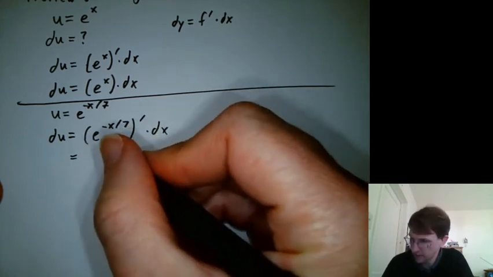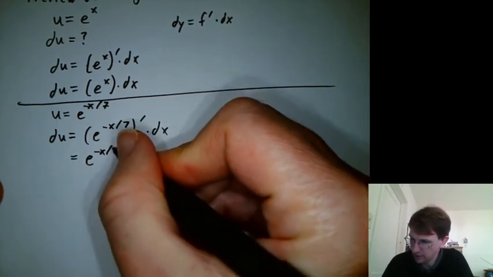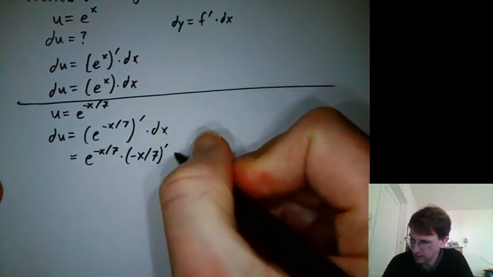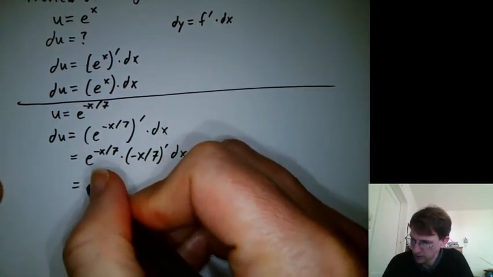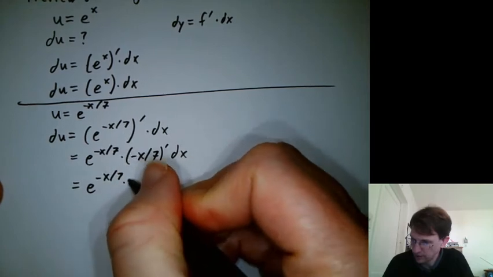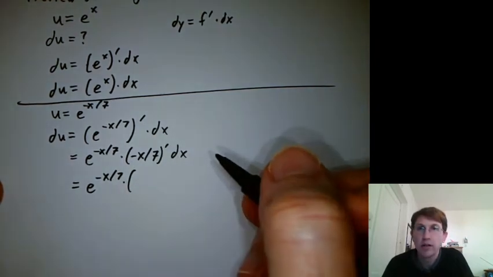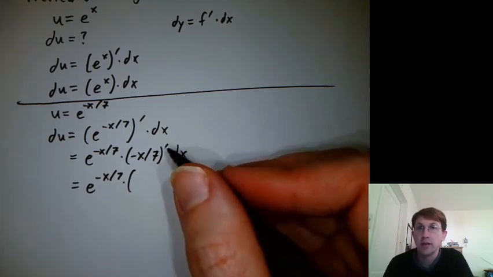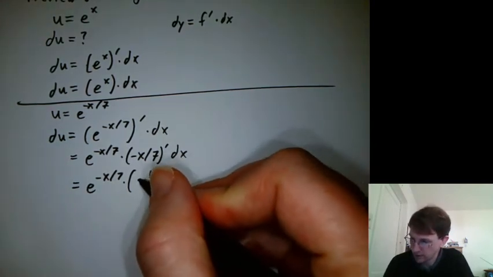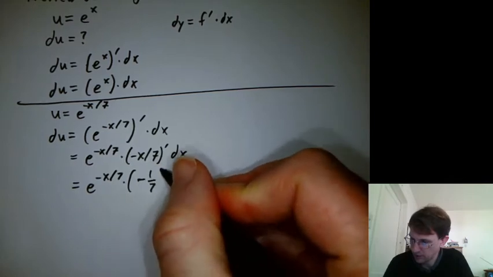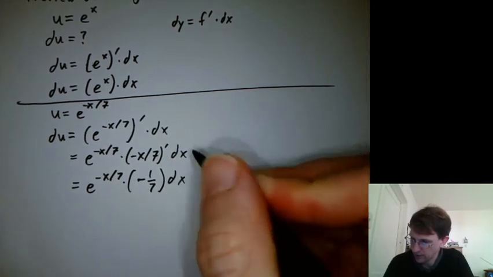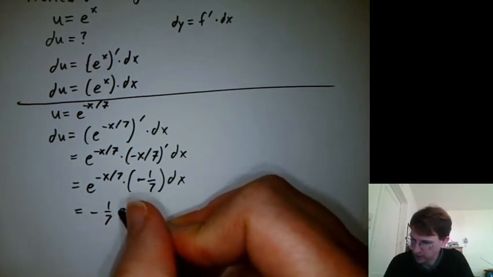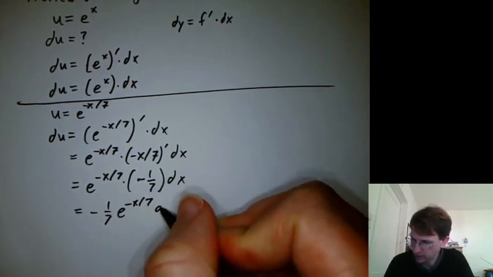Derivative of e to the stuff is e to that same stuff times the derivative of the stuff. So that's e to the negative x over 7. Do you need the quotient rule here? No, because dividing by 7 is like multiplying by a constant 1/7. So you can just keep that constant negative 1/7 there. And if you felt like it, you could call this negative 1/7 e to the negative x over 7 dx.